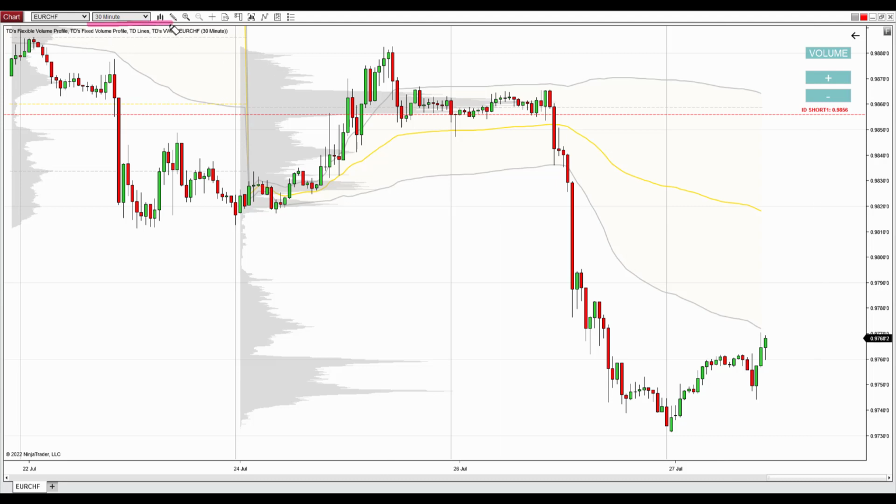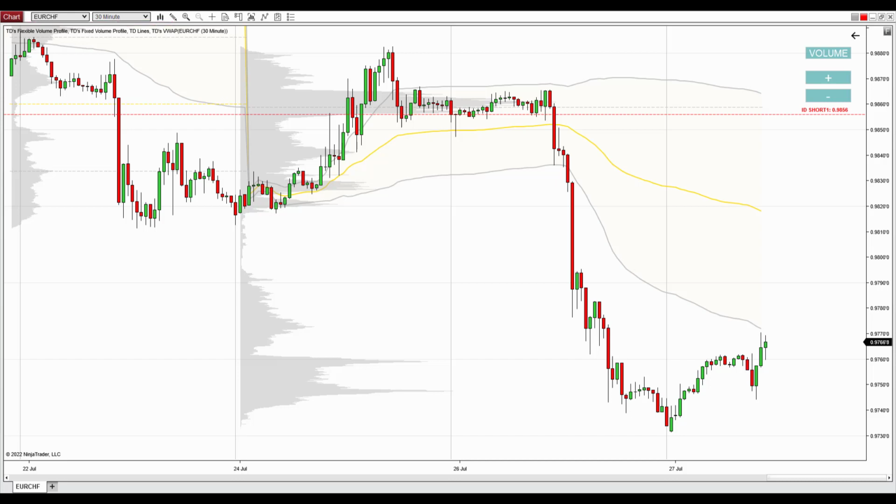The 30-minute time frame is the one I prefer for my intraday trading analysis, and that's what we are going to be using today. So this is the Euro-Swiss franc 30-minute time frame, and what I want to talk about is my favorite volume profile setup. It is called the volume accumulation setup, and it formed on the Euro-Swiss franc just recently.